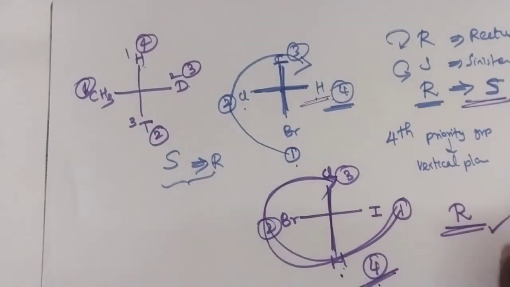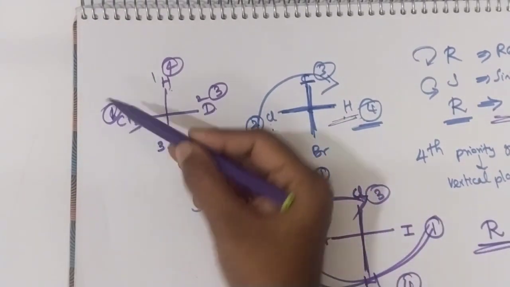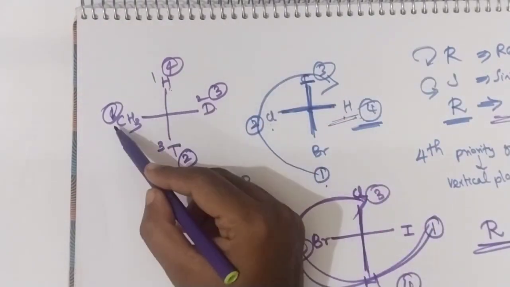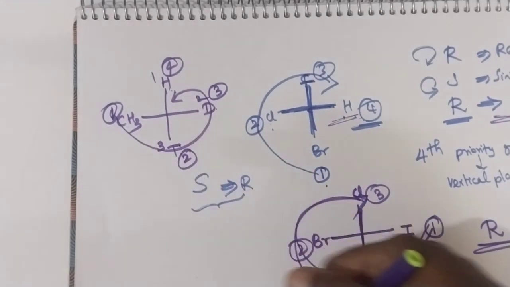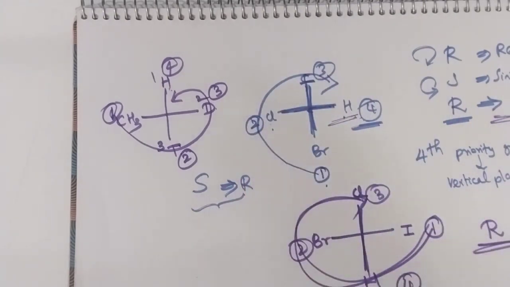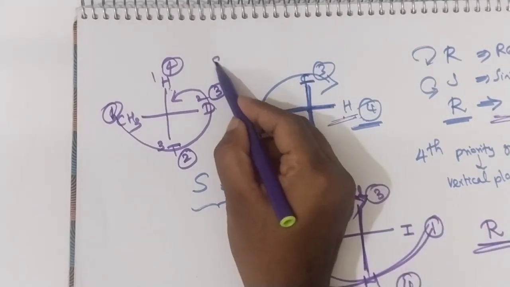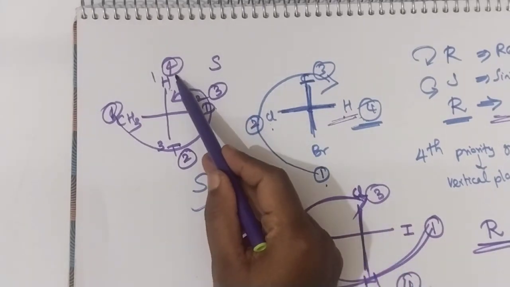Now you can find out the configuration. You have to rotate from 1 to 2 to 3, right? It is moving towards my left, that is anti-clockwise direction. So anti-clockwise direction means it is S configuration. Now you have to check the fourth priority group.